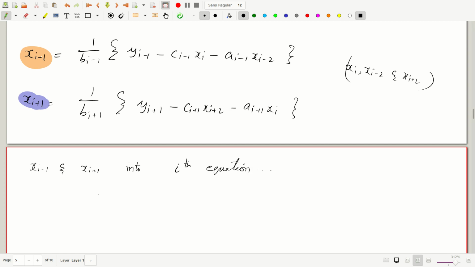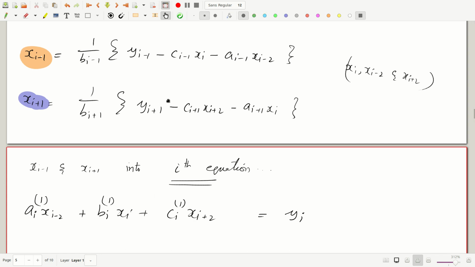So basically, doing some algebra, what we get is a_i x_{i-2} plus b_i x_i plus c_i x_{i+2} equals y_i, okay? Now because this is the first step of the process, or first iteration, I'm going to call this with the superscript 1, okay? So this is a_i^1, b_i^1, c_i^1, where these superscripts involve some coefficients which we got from here, okay? And also y_i^1, okay? So that is the equation.